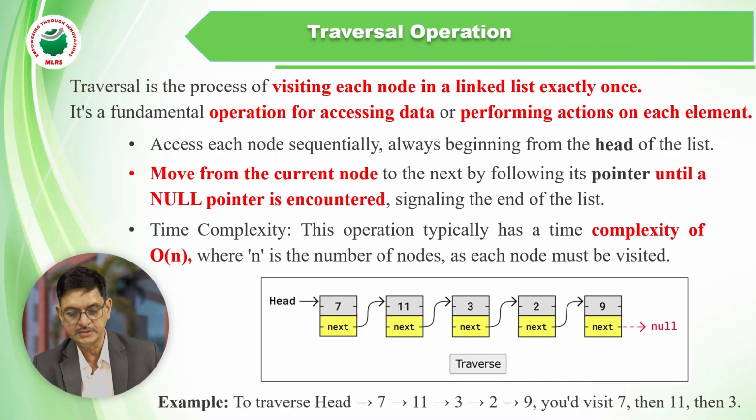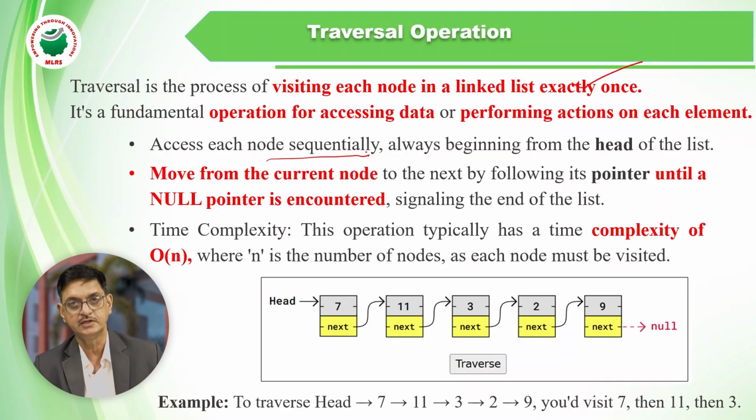Traversal means visiting each node in the linked list exactly once, from the first node to the last node, in order to insert any element, delete any element, find any element, or simply process any data elements in the linked list. All these elements must be traversed or identified in sequential order only.